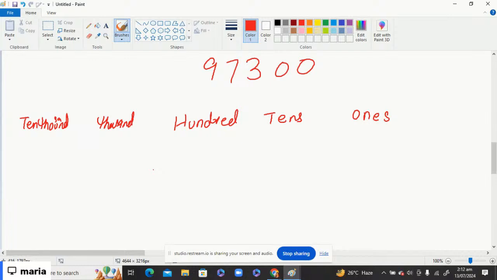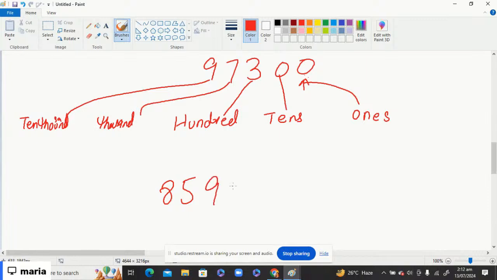You always start from here. This is ones place, this is tens place, that is 100 place, this one is 1000 place, and this one is 10,000 place. All right. Okay, if I write a number here, the first digit is the ones place, always start from here.